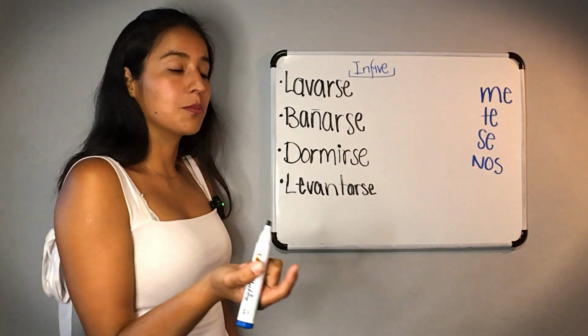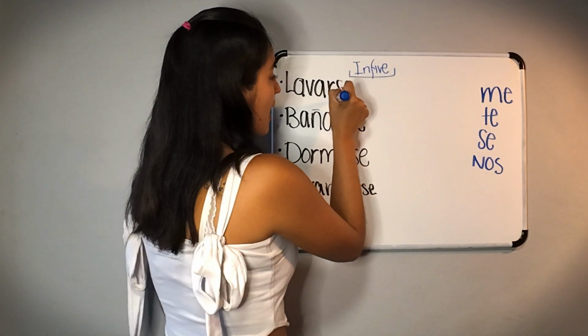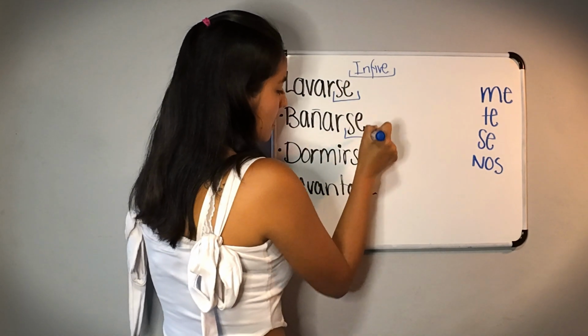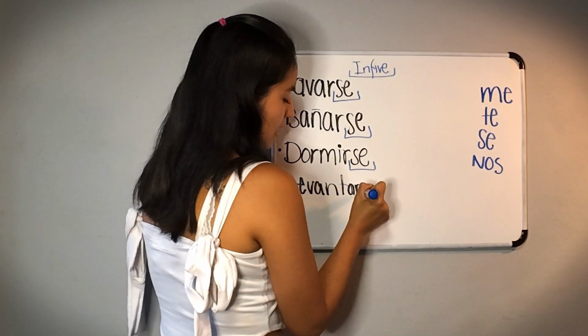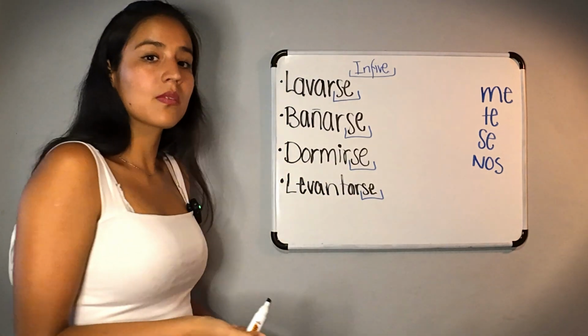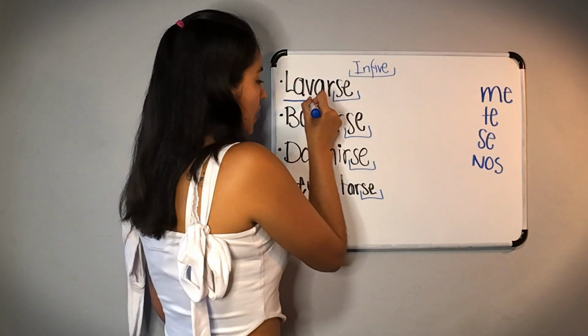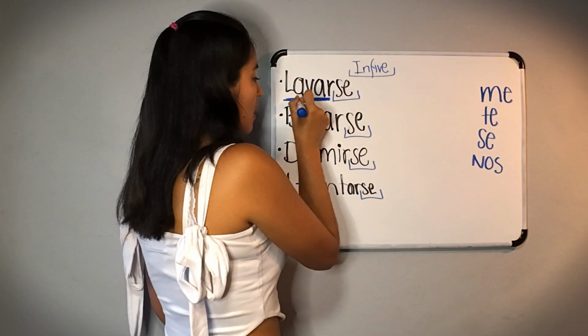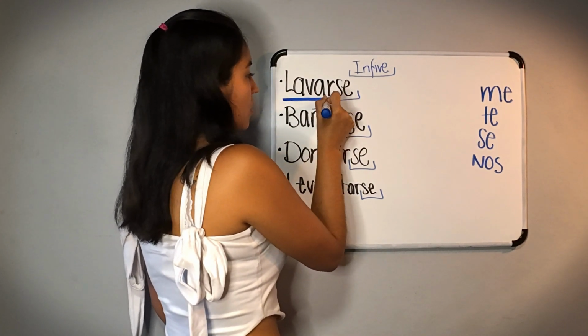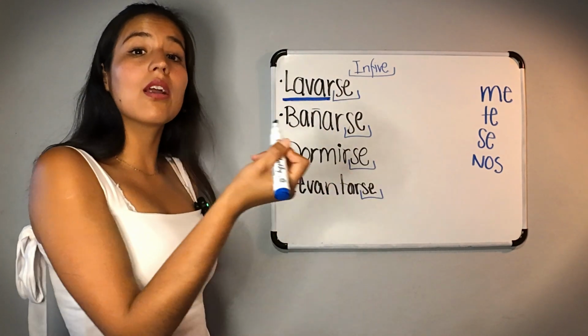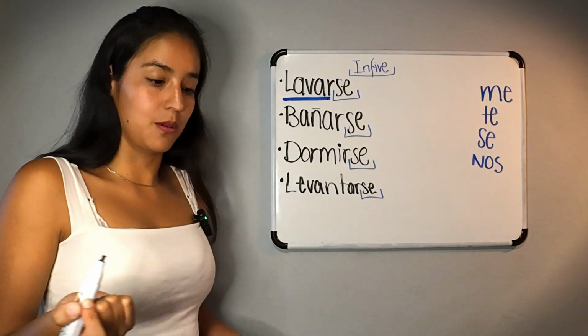The only thing you have to verify is the S-E at the end. Okay? Why? Because lavar is a verb, but lavarse is the reflexive verb, okay?